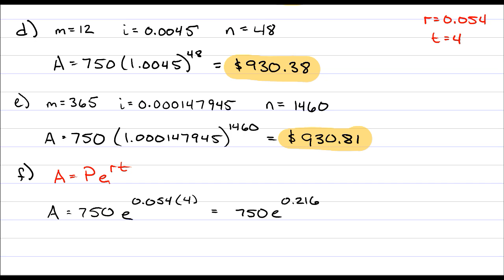And then I plug that into the calculator, and I get $930.83. So you can see that even if we compounded interest every second, we wouldn't get more than $930.83. That is an absolute cap to how much we could accumulate in this account, regardless of how frequently we compound interest.